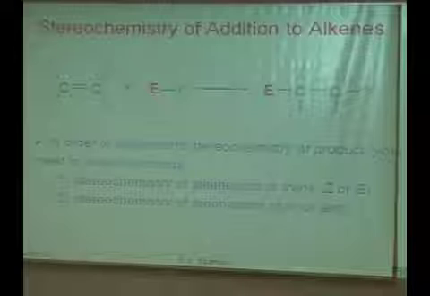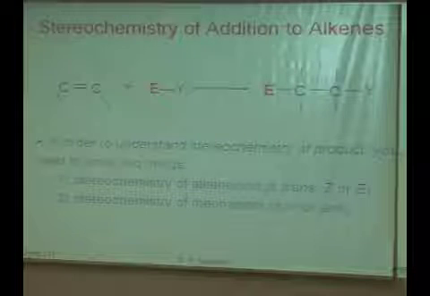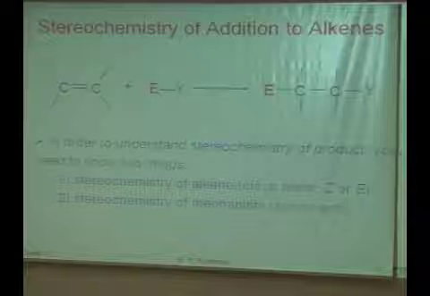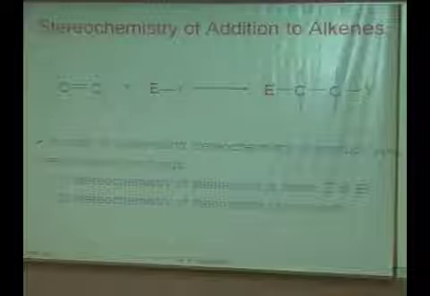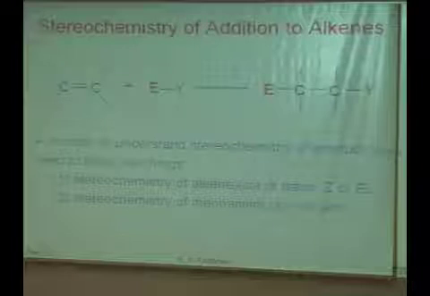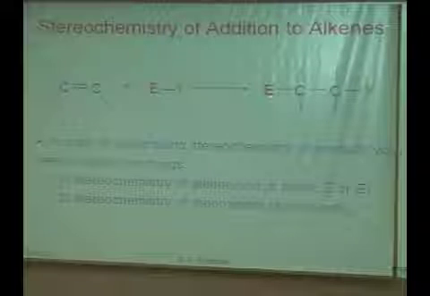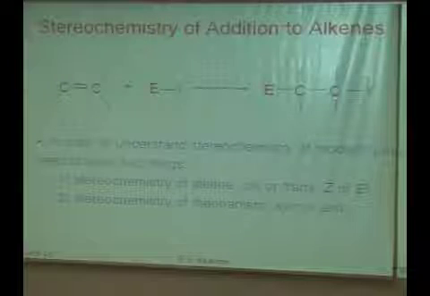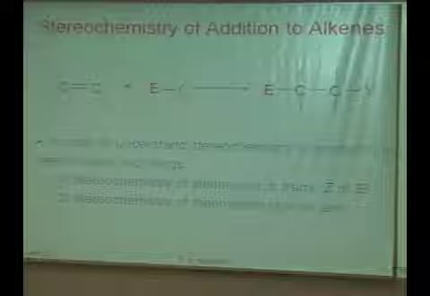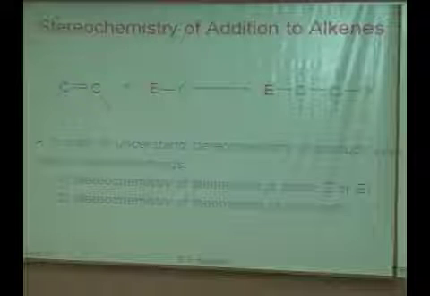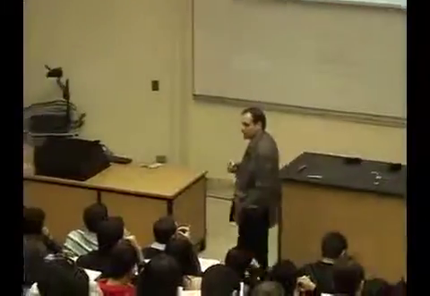Now, it depends whether you are starting with an alkene that is cis or trans, Z or E, what kind of stereoisomers you are going to get in the product. Because you have a carbon that could be a chiral carbon and a carbon that could be a chiral carbon if you have these two groups to be different. And the outcome of this reaction also depends on the stereochemistry of the reaction.